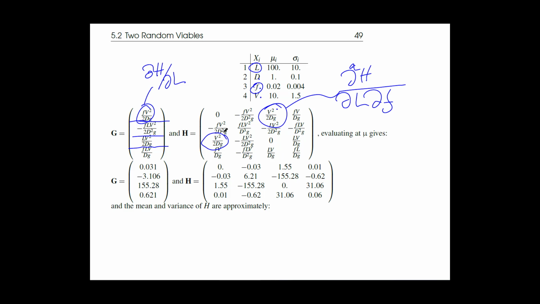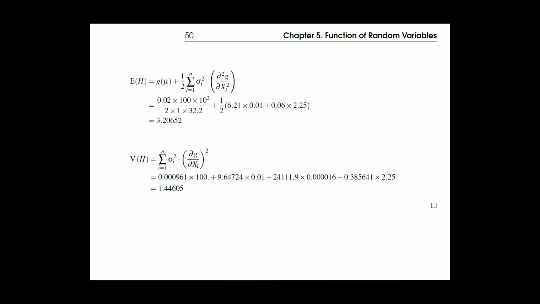Then we evaluate at the mean values, using these numbers for each of these variables, and you get your 2 matrices. Then you're golden. You just have to apply those equations. Hopefully, these steps ease the pain of doing that.